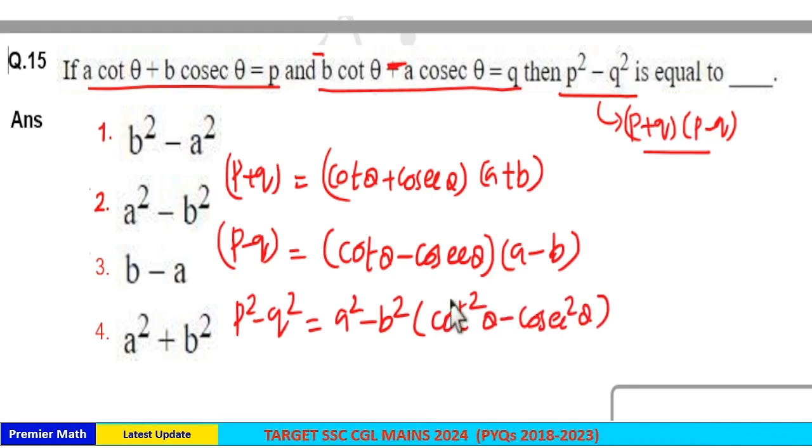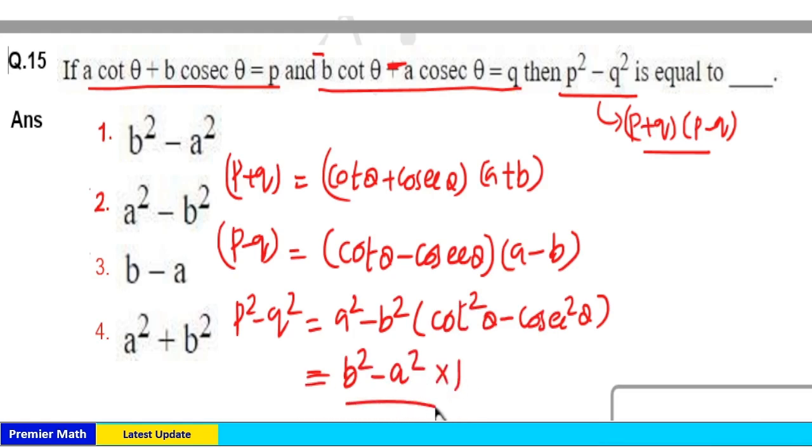Now take minus outside from this, and it will become minus of a square minus b square, meaning plus b square minus a square. Now the remaining will become cosec square theta minus cot square theta, which is equal to 1. So your answer is b square minus a square. Option 1 is your answer.